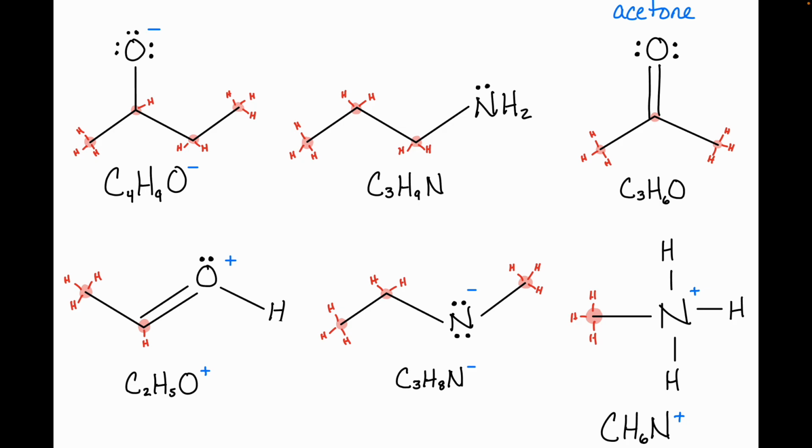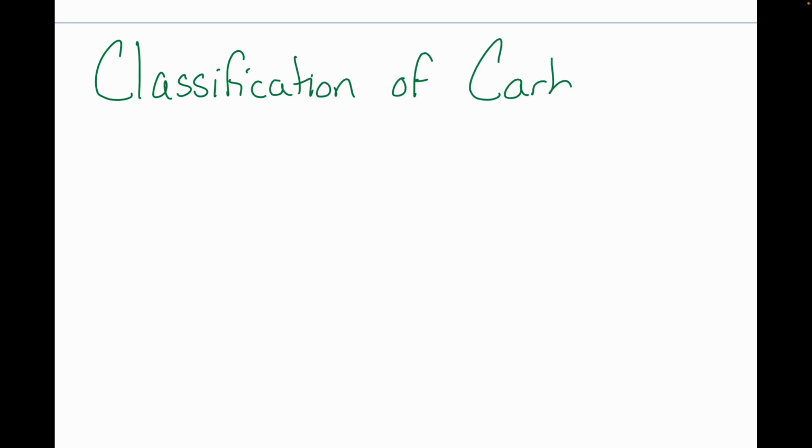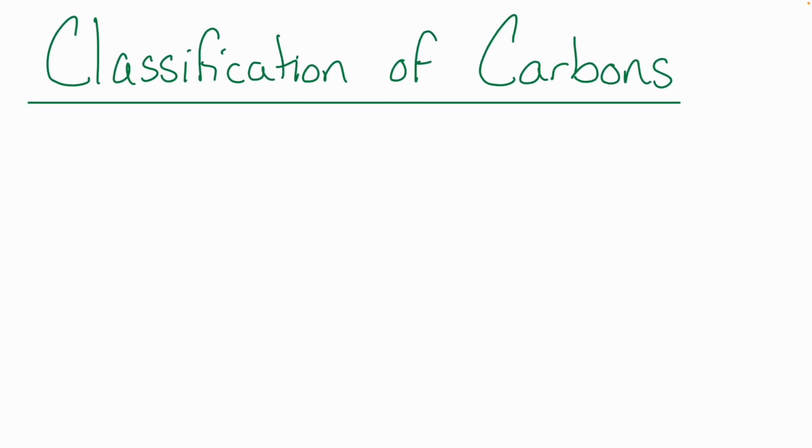Okay, cool. So now that we know how to read our bond line structure, we're going to talk about something called the classification of carbons. So when we look at a bond line structure, we give the carbons in that structure a classification based on how many carbon neighbors they have.